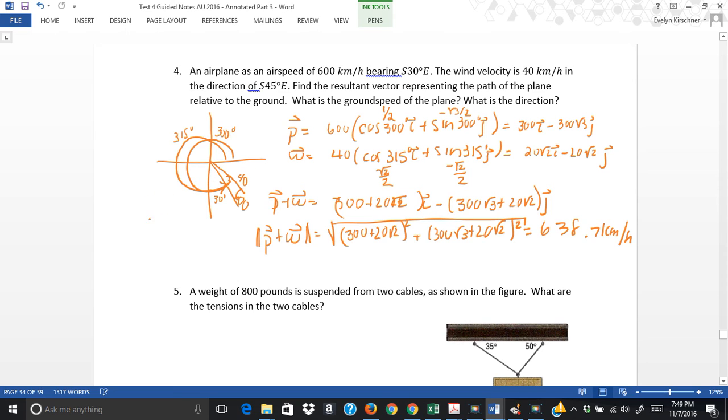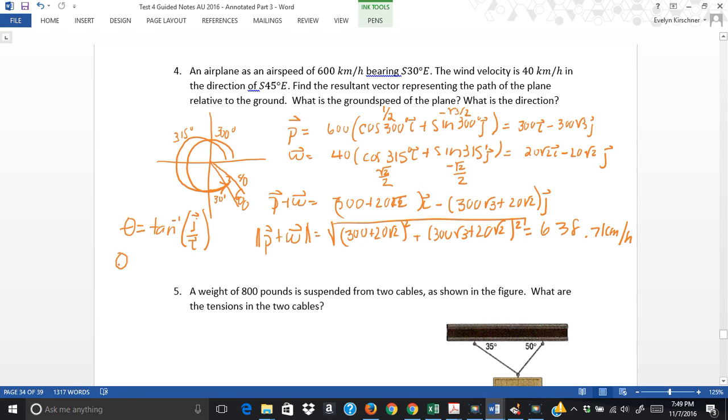Well, if I want to know the angle of the vector, the angle is the inverse tangent of the j coordinate over the i coordinate, because it's delta y over delta x.